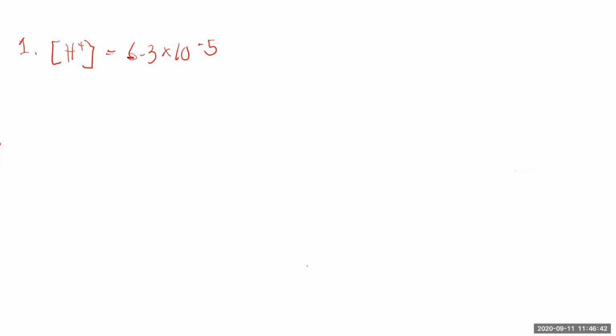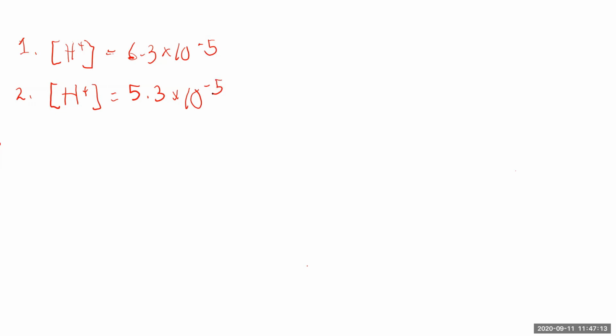Okay, so that's an example. Then another one, we have a hydroxide ion with a value of 5.3 times 10 raised to the power of -5. So let's have those two examples.